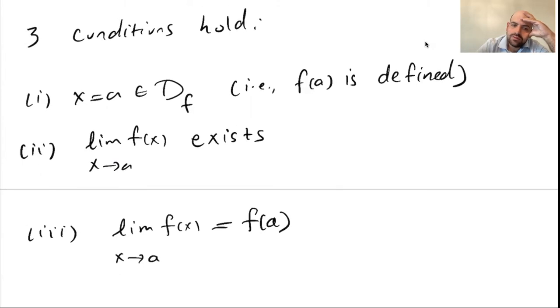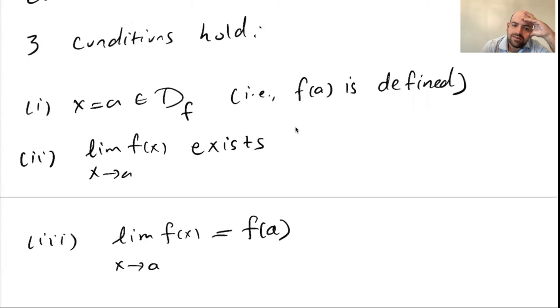Okay, so when you look at this equality, the limit of f of x as x approaches a equals f of a, potentially for a function f, it's possible that the left-hand side does not exist, or it's possible that the right-hand side is undefined, right? For some functions, f of a is undefined. For some functions, the limit of f of x does not exist. But if you want to have continuity, this limit must exist, and this f of a must be defined.